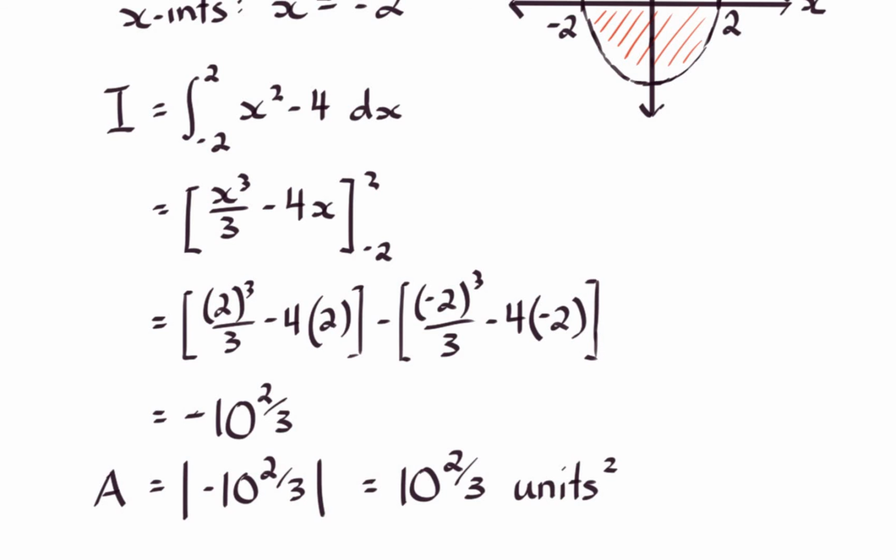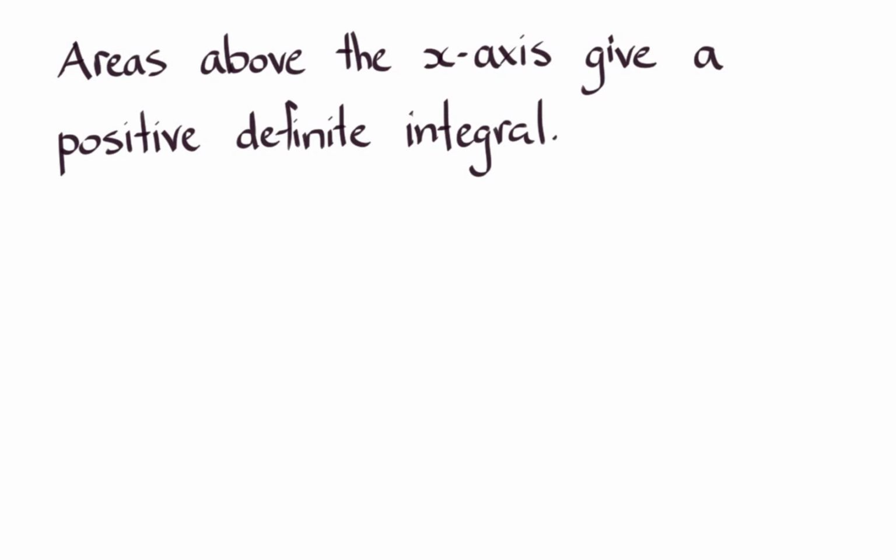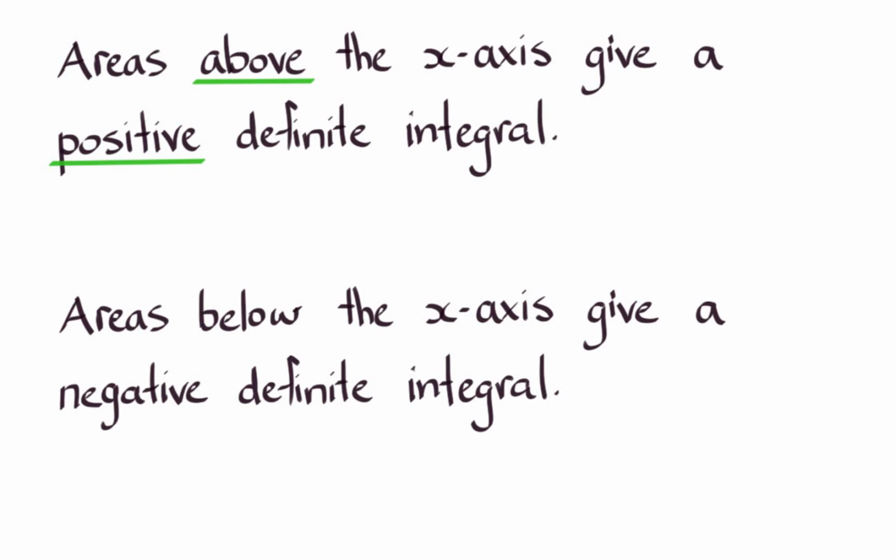So to summarise what we've seen in these introductory examples, areas above the x-axis give a positive definite integral, and areas below the x-axis give a negative definite integral.